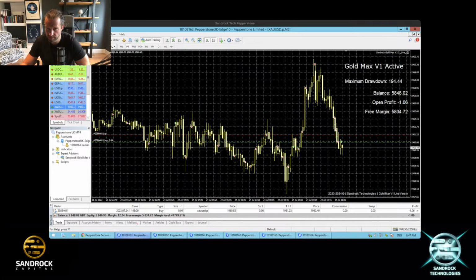Oil is back up to 76. This is crude oil, $76. Now I profited well out of crude oil off this level down here, so that was a nice move. But I got out here. I didn't catch this last bit, unfortunately, but that's just the way it is.